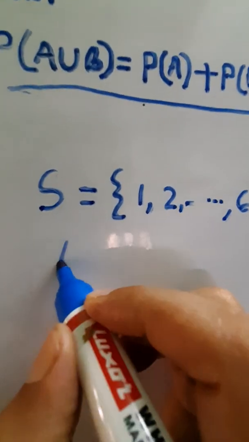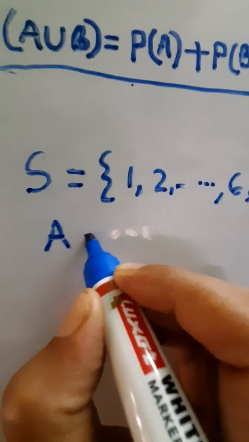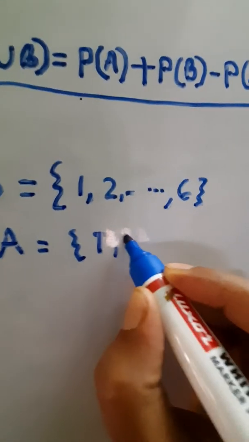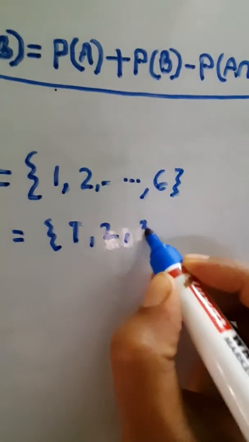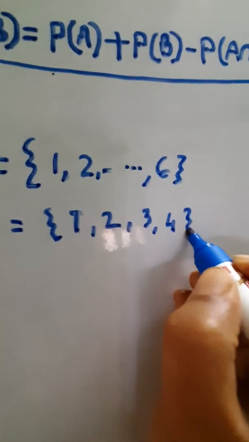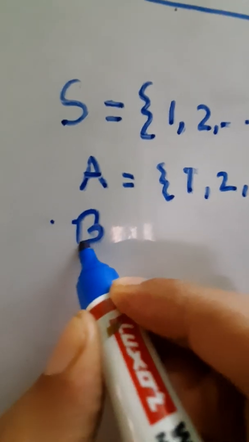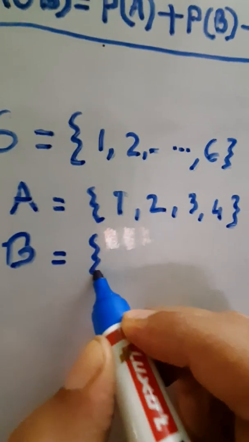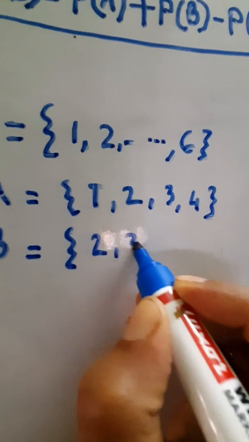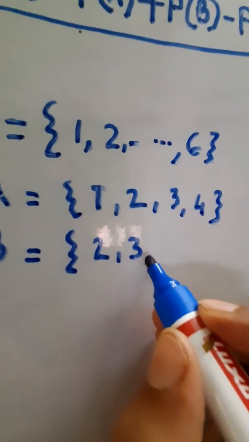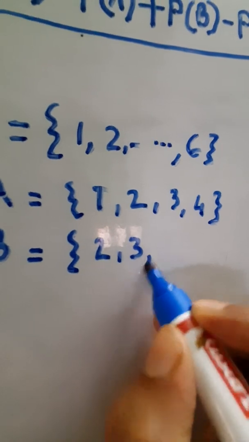Let A be the event 1, 2, 3, 4, and B be the event representing 2, 3, 5.